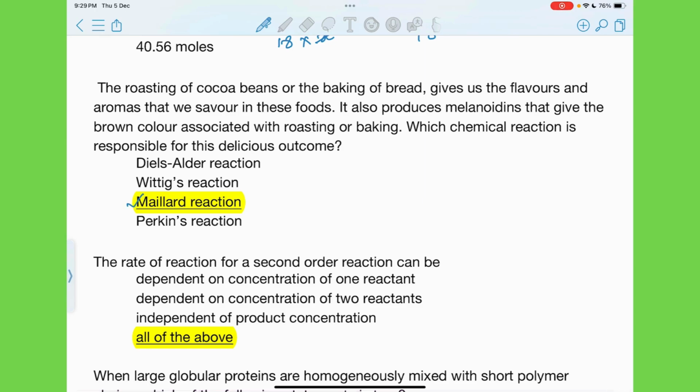So the Maillard reaction is a complex series of chemical reactions between amino acids and the reducing sugars that occurs when the food is heated. It is the reaction that produces the melanoidins, contributing to the flavor and the aroma and the brown color of the roasted and baked foods.